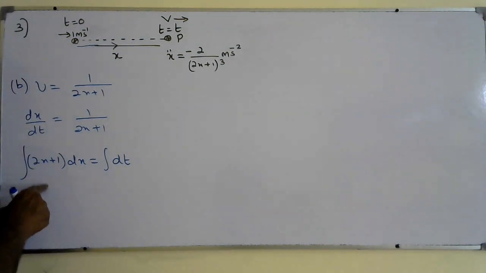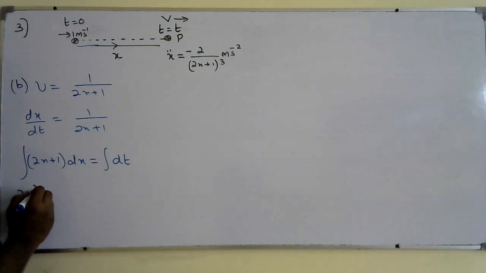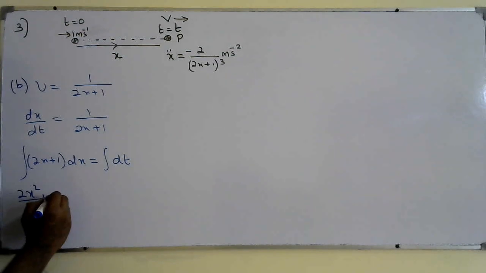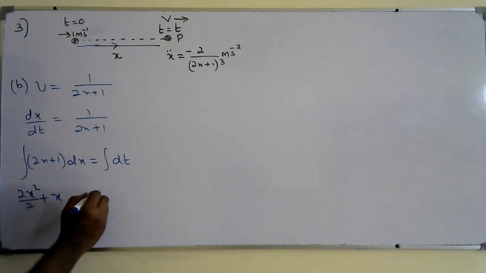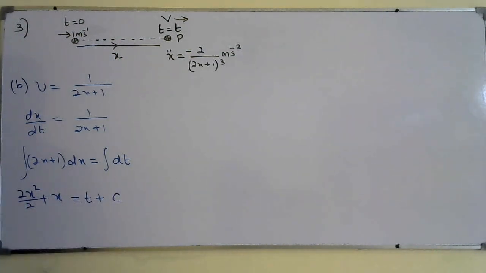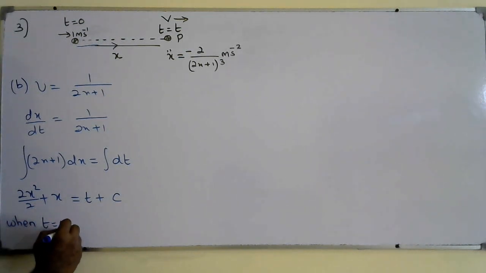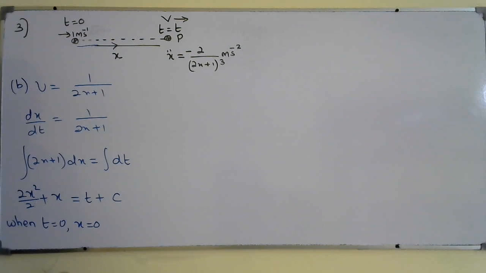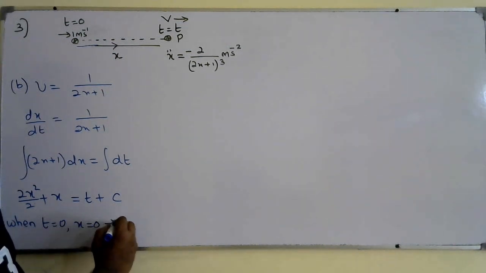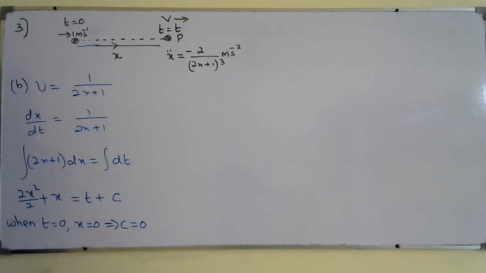From that we can find the constant. So we'll integrate it first. It will become 2x squared by 2 plus x equals t plus c. So we know that when t equals 0, x equals 0, which means c equals 0.